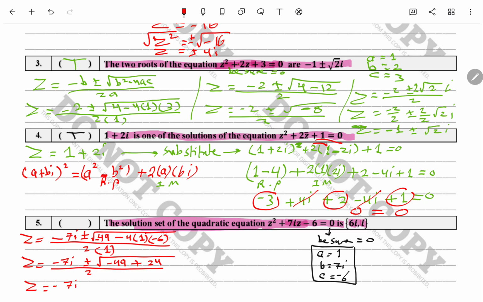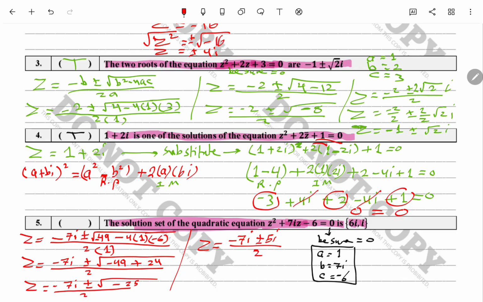When you add negative 49 plus 24, you get negative 25. Now z will have two solutions, which are negative 7i plus and minus 5i, according to the complex number rules, divided by 2.